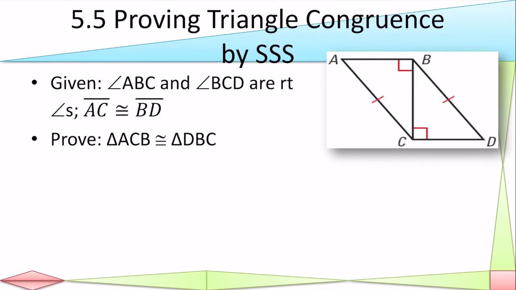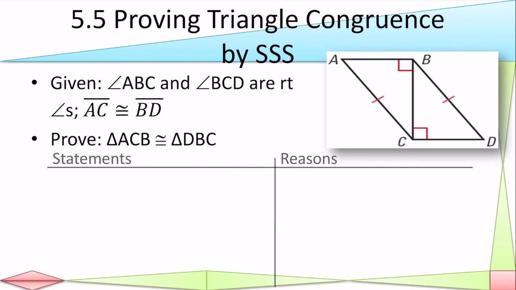Let's try another proof. All right, so first step, that's right, the given. So write down the given. Angle ABC and angle BCD are right angles, and AC is congruent to BD, and that is given.